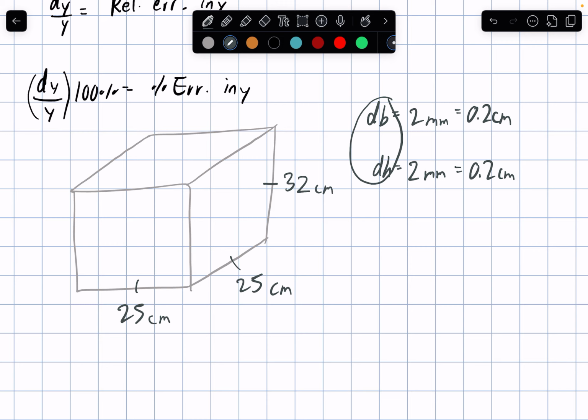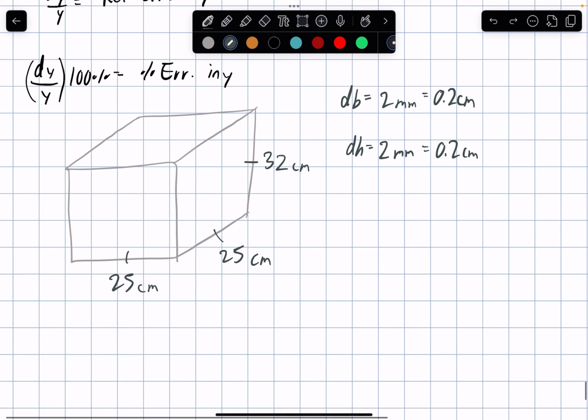Okay, so in this scenario, this is a box, and the dimensions were found to be 2 millimeters longer in all dimensions when measuring the box. So it appears that each side has to be 0.2 cm longer in order to meet the requirement that it has the actual size. So right now we want to approximate the volume of the box. We also need to answer what the percent error is of the volume when compared to its supposed dimensions.